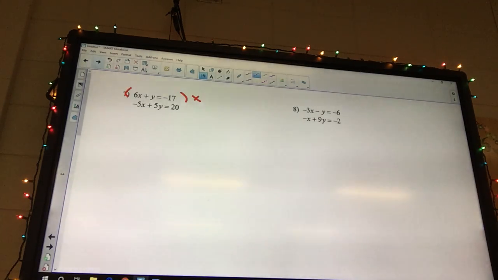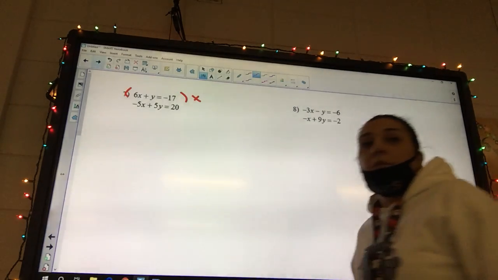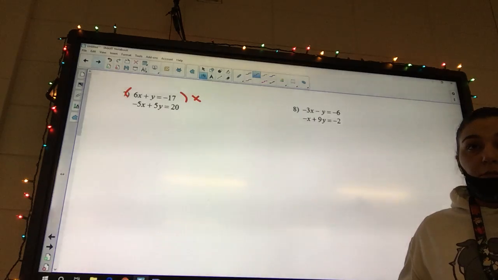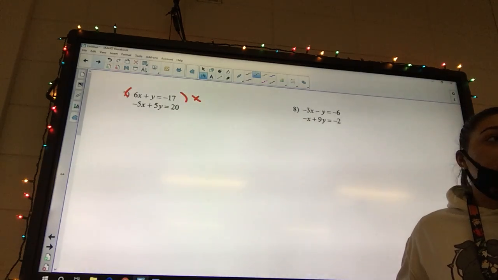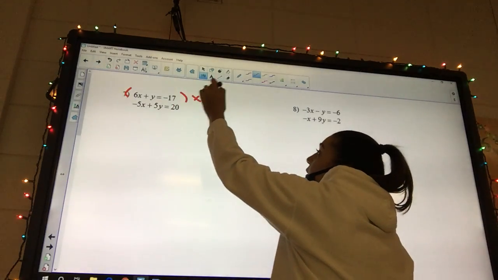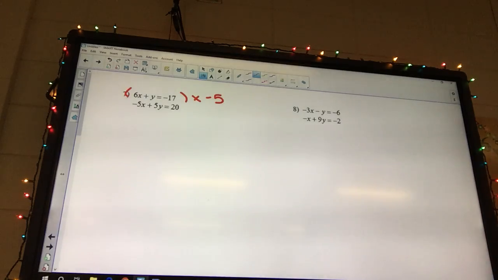Okay, remind me. So I'm going to multiply this by what? Kind of. Not 5. Negative 5. So see how these are both plus? That means that if they're the same sign, you should have a negative out there. Okay?